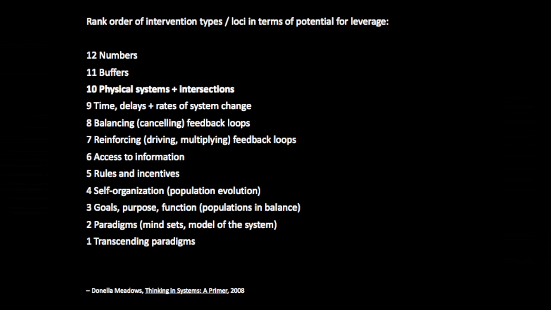You can see that we start with numbers and buffers at one end, the low leverage ways of approaching problems, and you work your way up to changing who participates, the goals, the purpose, the function, and the paradigms and mindsets at the extreme of high leverage.